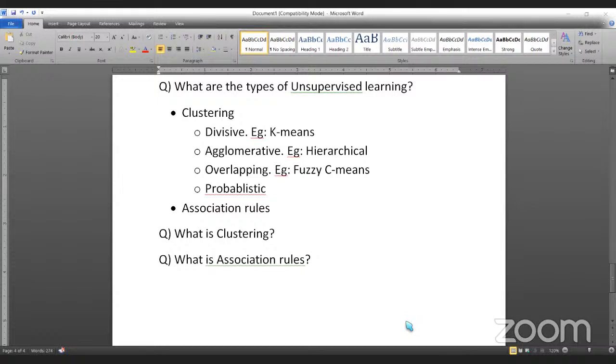Association rules allow us to establish association between objects inside a large database.